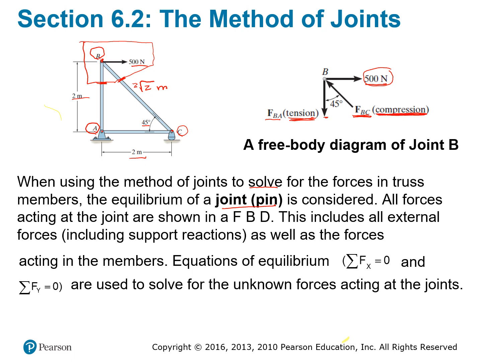And if this one compresses, you have a certain amount going upwards, right? FBC has a certain amount going up, and a certain amount going to the left. So to counter the force going up, I have to make this one go down. So this one has to be pulling B away, which is what we call the tension.